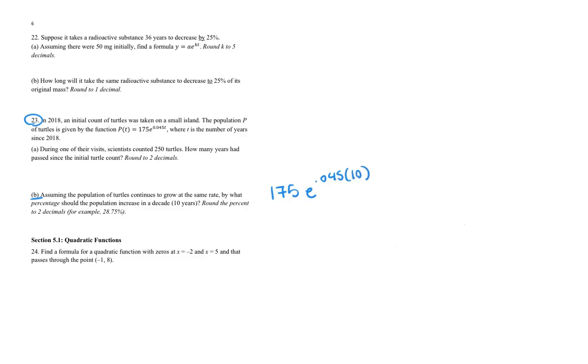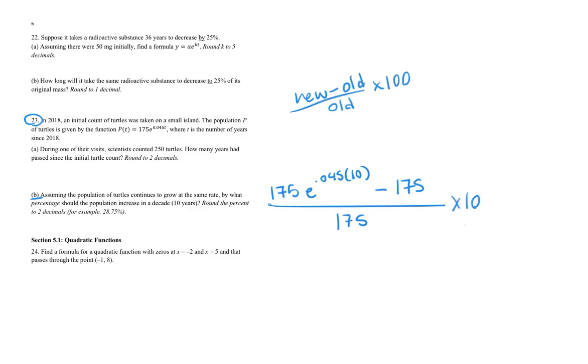And then I want to subtract my initial value and then divide by my initial value. Remember that the percent change formula is new minus old over old times 100, so that's what I'm using here. Okay, great. So when we punch that into our calculator, we should get that the population increases by about 56.83% in 10 years.